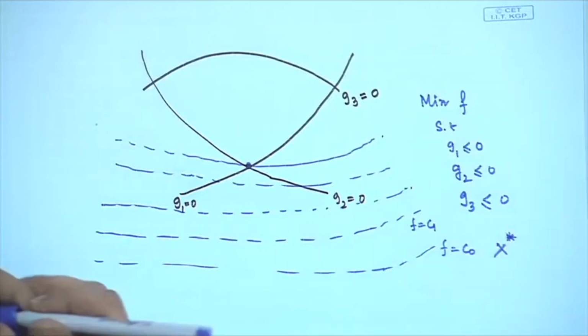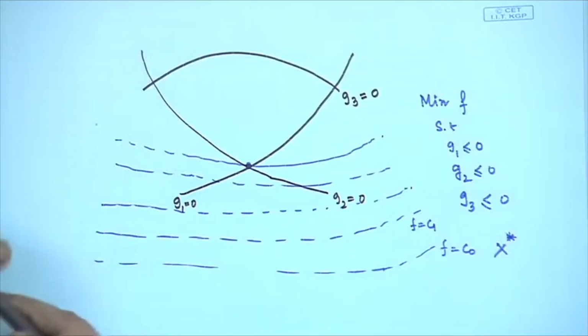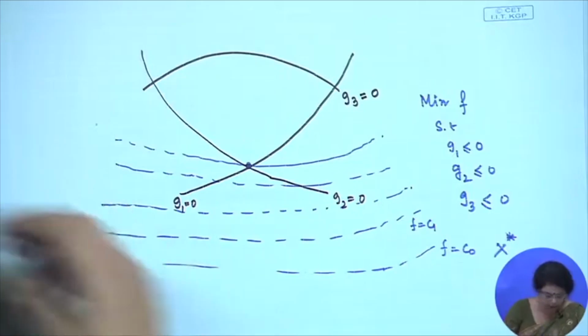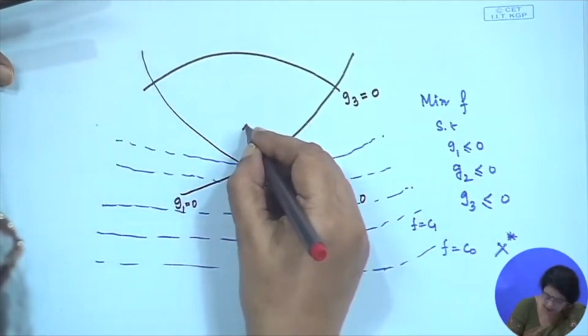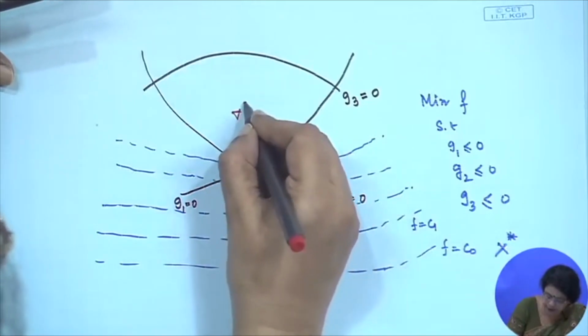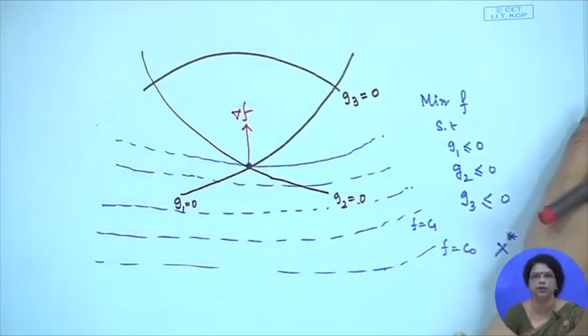Now, if this is the optimal solution, from here we can draw this is the grad f direction, because the objective function value is increasing in this direction.